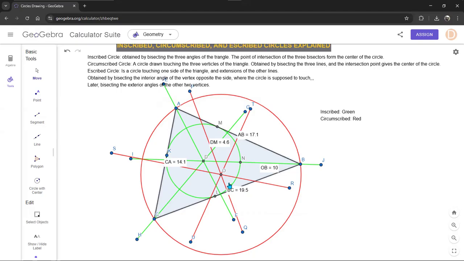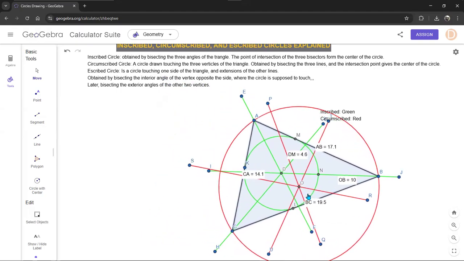So what I'm trying to say is that if it is going to touch this line AC and the extensions of the other lines, we need to extend the lines AB. So AB, and since we expect something like this, obviously we're going to extend it this side and this side.